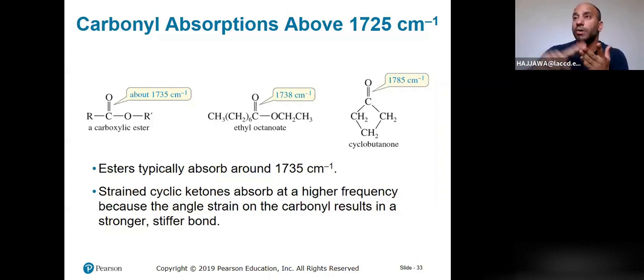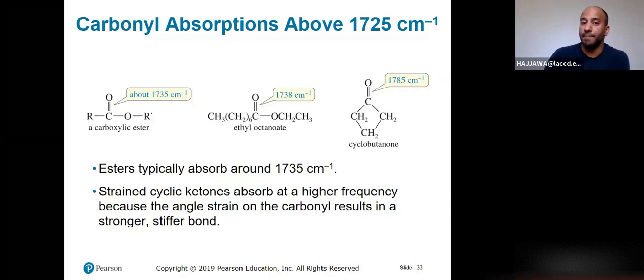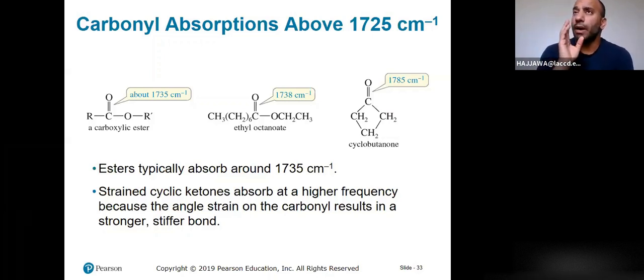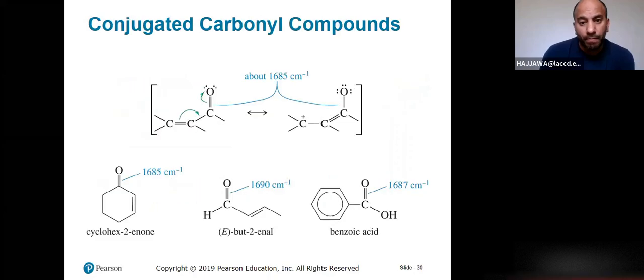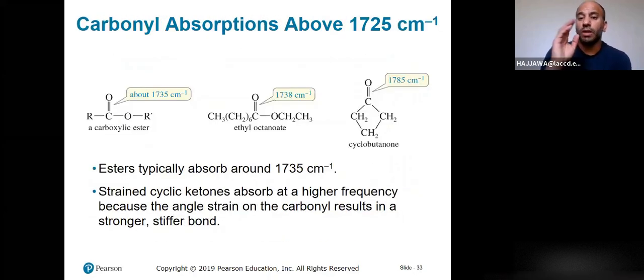Ketone, aldehyde, carboxylic acid, amide, you're not going to see them above 1735. So the carbonyl will be absorbed at the highest of that range, which is once again around 1735 or higher. Now that's the ester. So right away, if you see a structure that has a carbonyl reading about 1735, you will tell right away it's an ester.